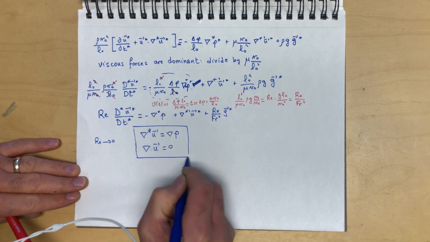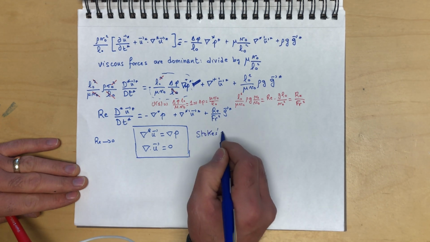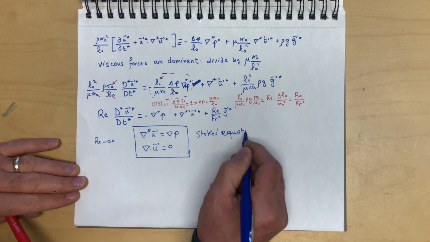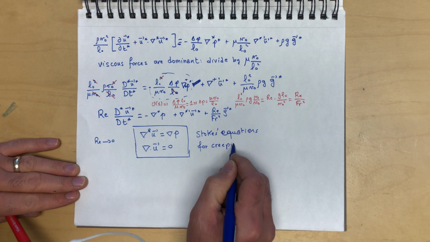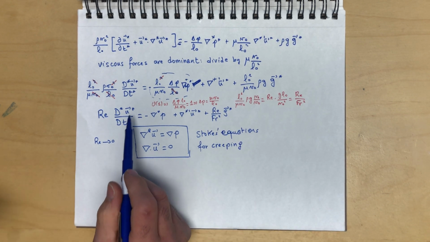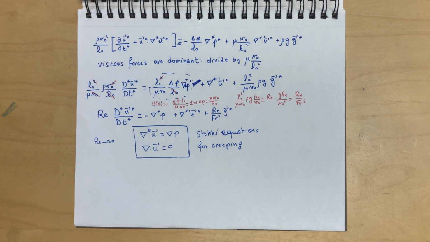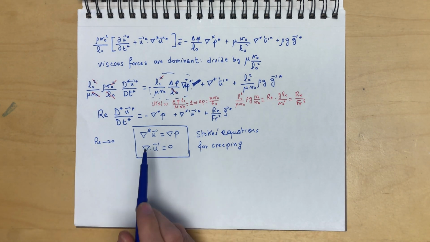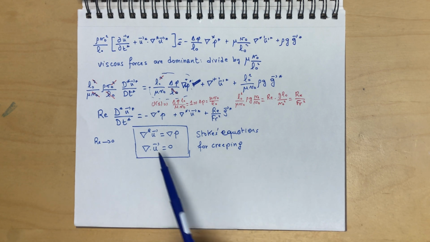And those are the Stokes equations for creeping flow. The reason we say creeping flow is because the material derivative, the advective terms, essentially disappear from this equation. This is a very important set of equations because although they are four coupled PDEs, they are linear, which means we can use the principle of superposition to solve problems.